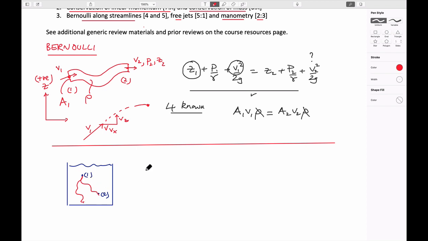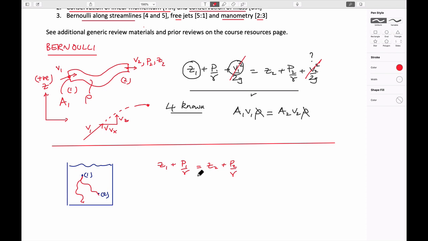And if you write Bernoulli for that case where the velocities are 0, then the manometry equations come out, which are just that Z1 plus P1 over gamma is equal to Z2 plus P2 over gamma.